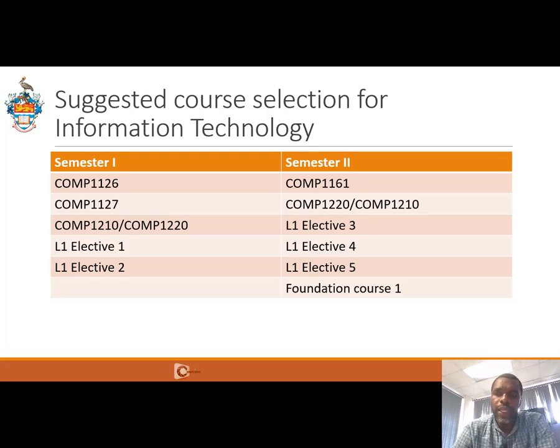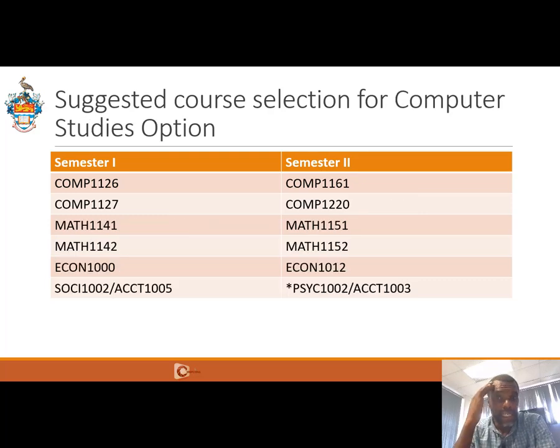If you are pursuing the computer studies option, then in semester 1, you should register for Comp 1126 and Comp 1127, and then Math 1141 and Math 1142, and then Econ 1000, and either Sociology 1002 or Accounts 1005.